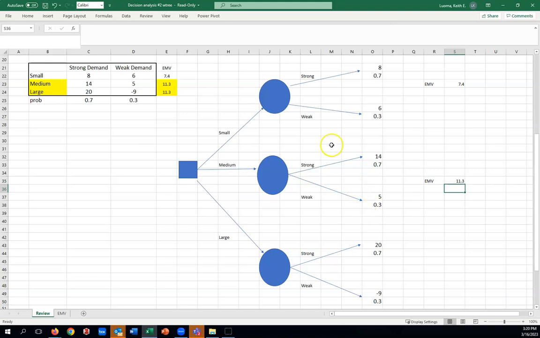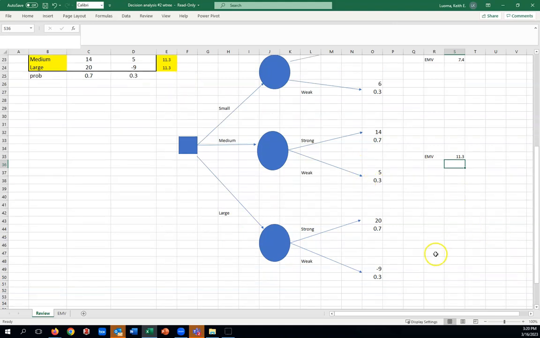So that weighted average is 11.3, same thing we had earlier. And then finally for this last one, we know we should get 11.3. Let's just do the calculation. It'd be 20 times the 0.7 plus -9 times the 0.3. And again, we have 11.3.